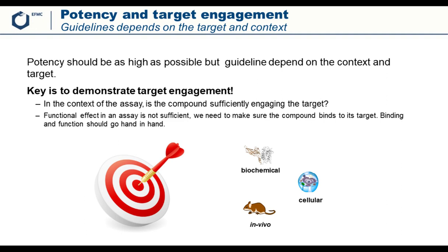It's not sufficient to see a functional effect in an assay. We need to make sure that the compound binds to its target. Binding and function should go hand in hand. And this is whether you talk about a biochemical, a cellular, or an in vivo experiment.